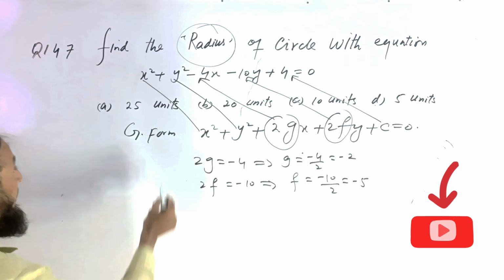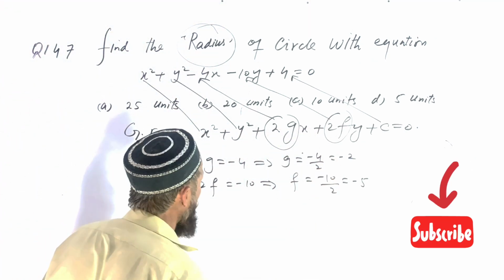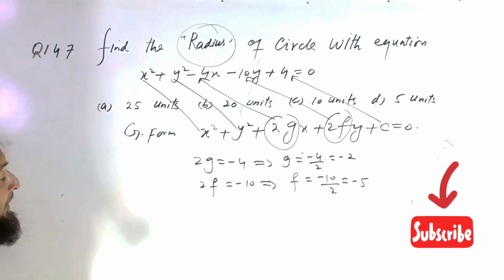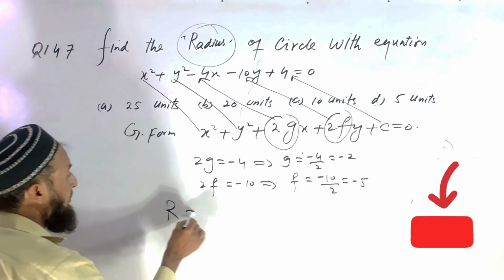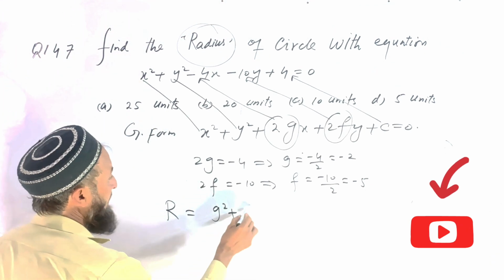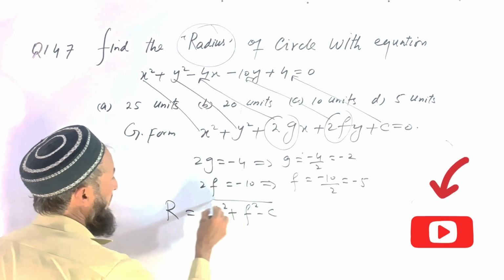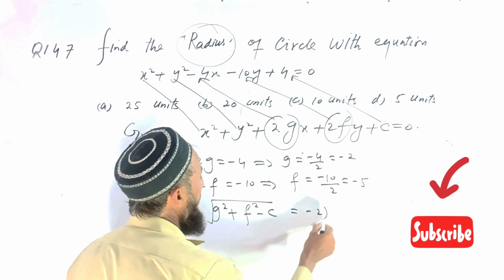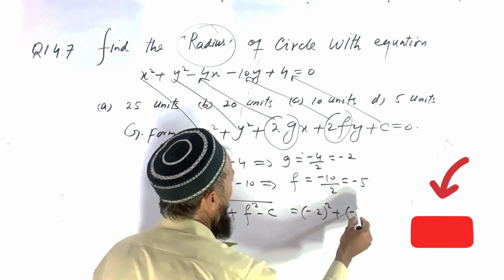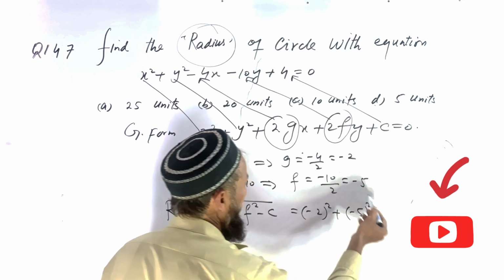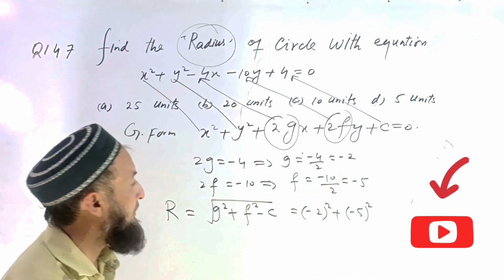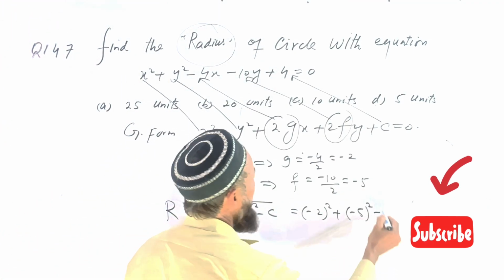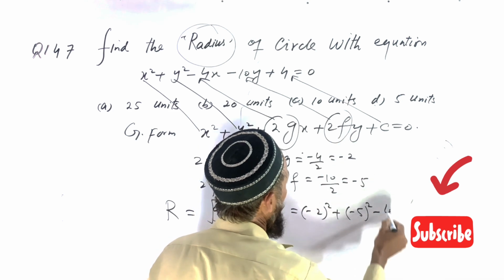As we know, in this general form of the equation, the radius is equal to the square root of g square plus f square minus c. Here g square is (minus 2) whole square, plus f is equal to minus 5, and minus c, the c value is equal to 4.